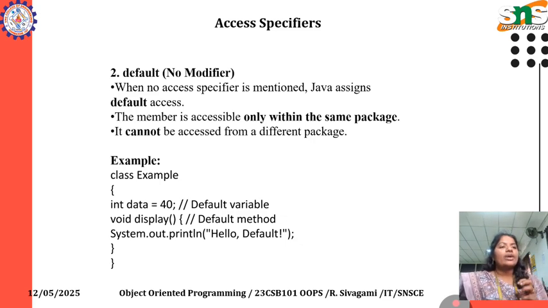Here also I give a simple example program for a default method. In the earlier example, I put a private keyword before that method or variable, but here there is no access specifier declared before the method or variable.